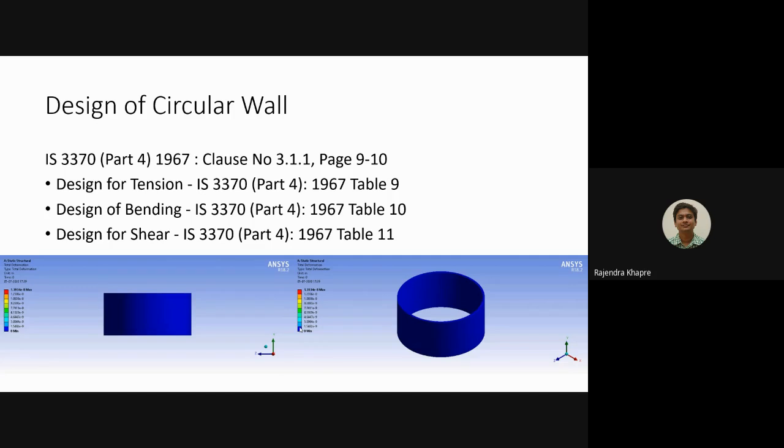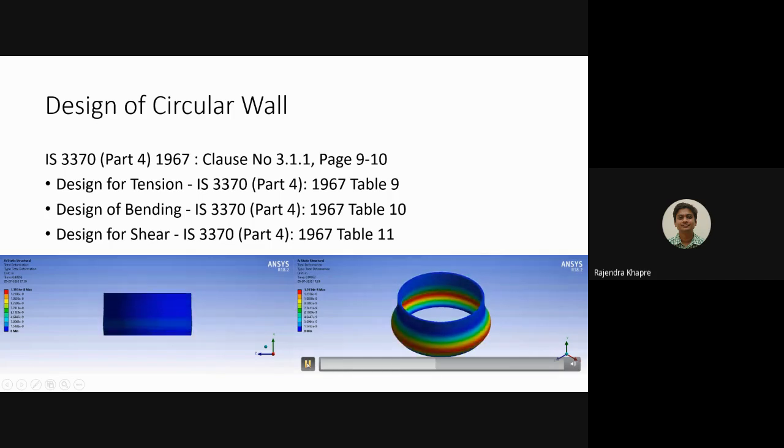But at the same time, at the base you have a foundation, which will not allow the circular portion of the tank to expand. As a result, you can see in this figure, your tank will behave like this, because at the base it is fixed, and somewhere in between you will get the maximum expansion. Can you visualize this?